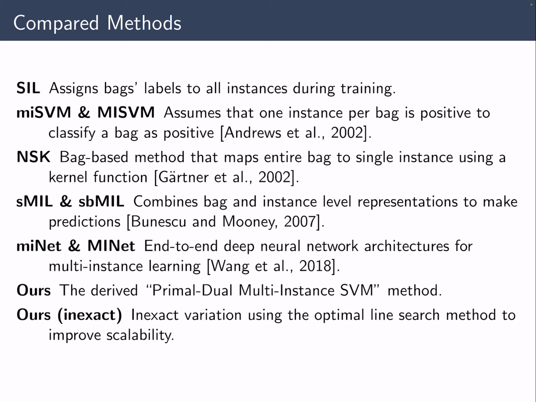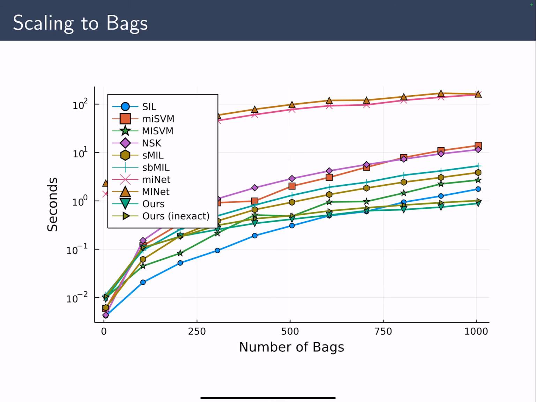Ours is the derived Primal-Dual Multi-Instance SVM, and R's inexact is the inexact variation using the optimal line search method to improve the scalability to features. We begin by exploring what happens when our algorithm is applied to an increasing number of bags.